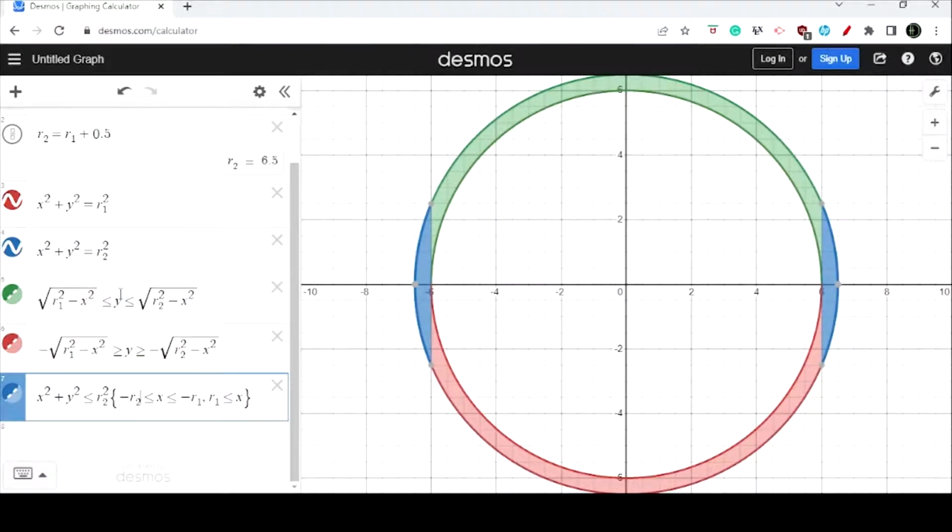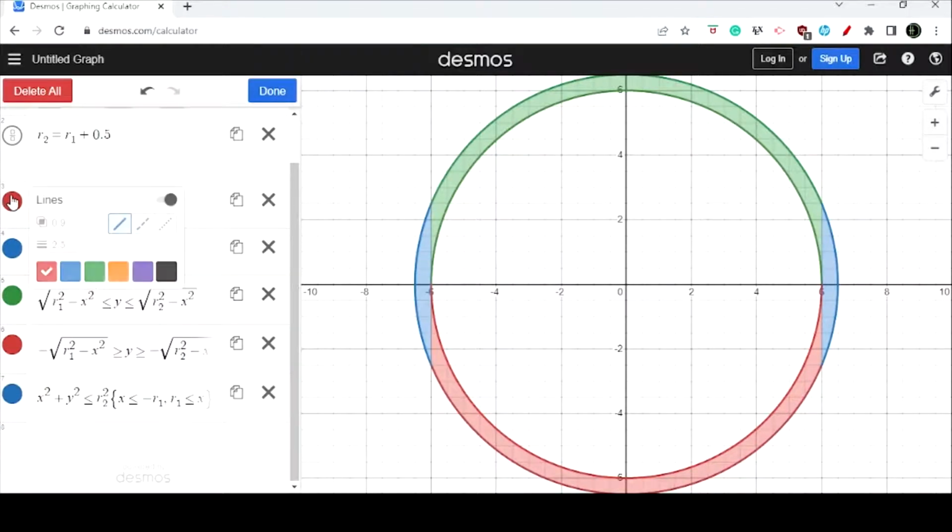We could simplify this further because the domain of this graph does not exceed minus R2. We don't even need to explicitly mention that. We can just do this, and it'll still get it. If that didn't make sense to you, let me know in the comments below, and I can help clarify further on why this works.